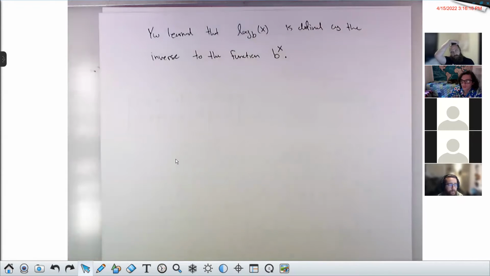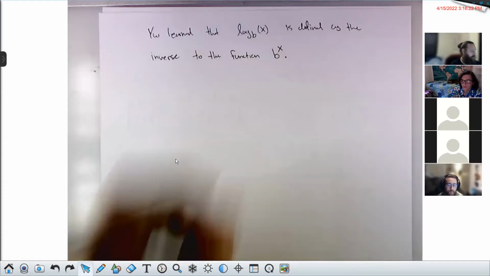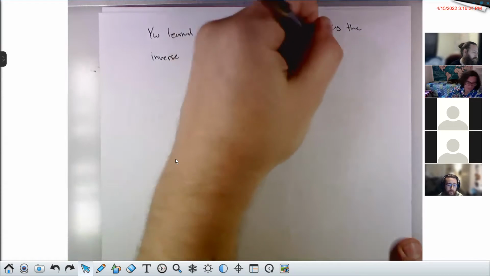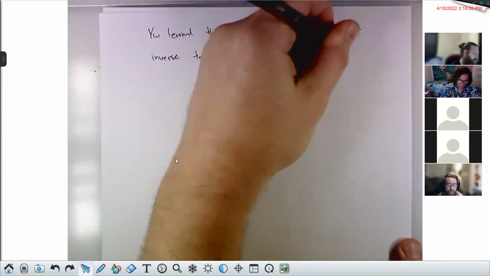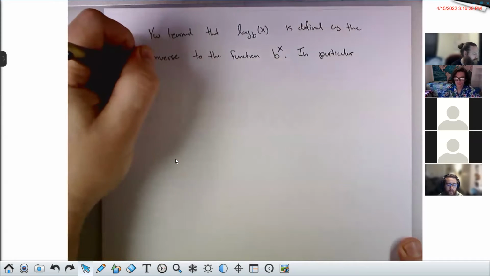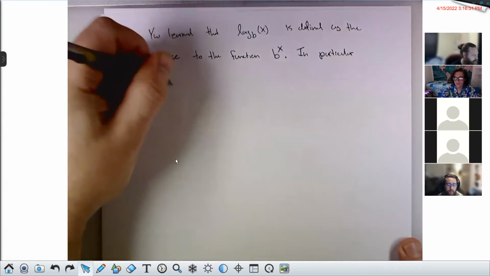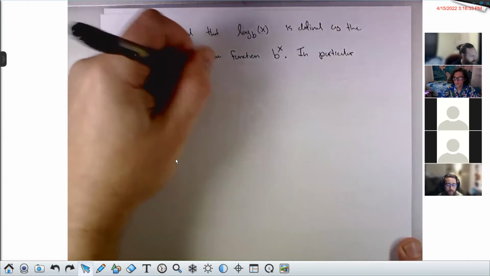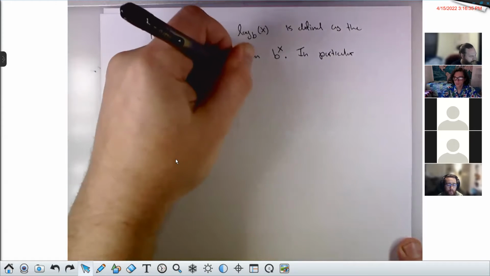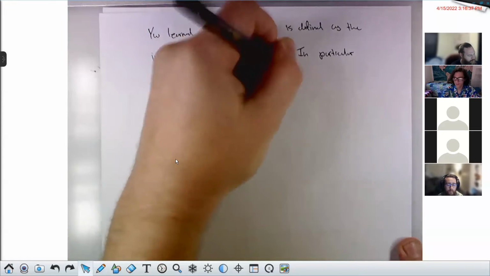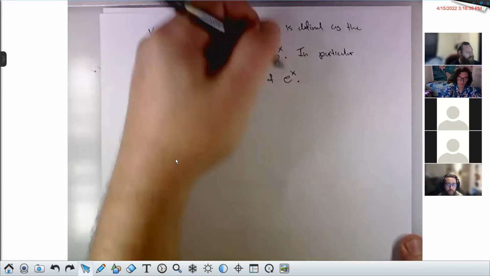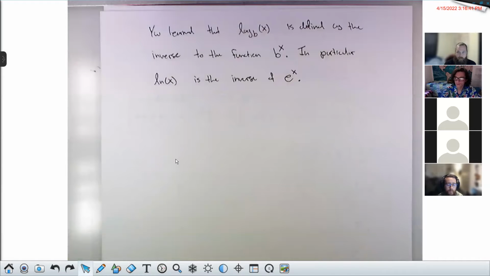And that's fine. There's nothing wrong with that. So in particular, the natural log is the inverse of the natural exponential. And this is what you take as the definition of the logarithm in algebra classes, because they're algebra classes.